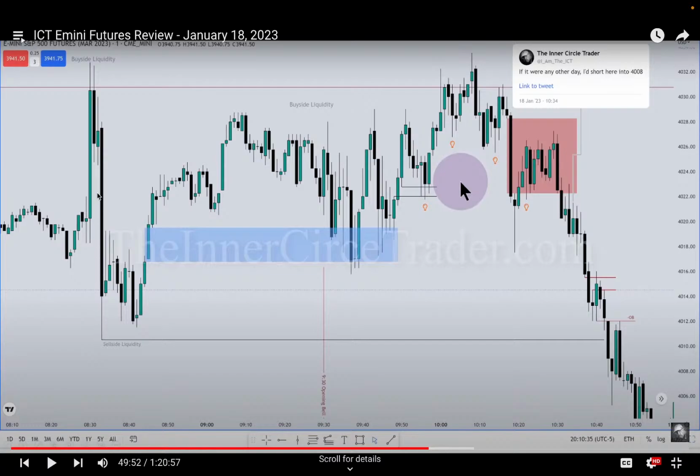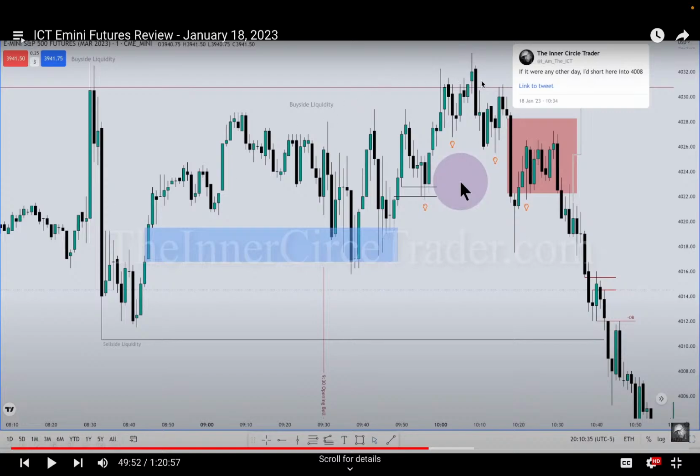That's our news wick, and typically that news wick will hold a lot of liquidity, so it's a very important draw. The reason it holds so much liquidity is that the wick moves so fast that not all the orders are able to get in, so you'll have leftover orders below or above that wick. So if we're taking out the wick high first, then we're going to target the wick low after.